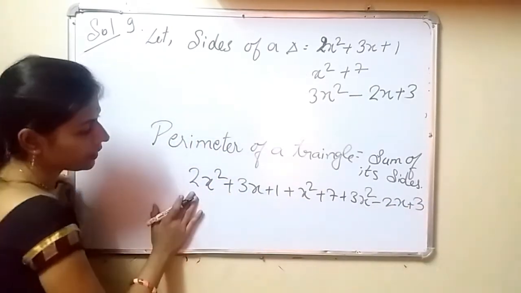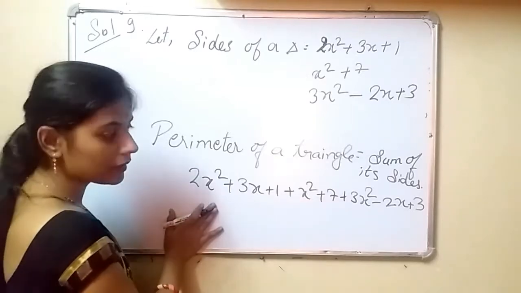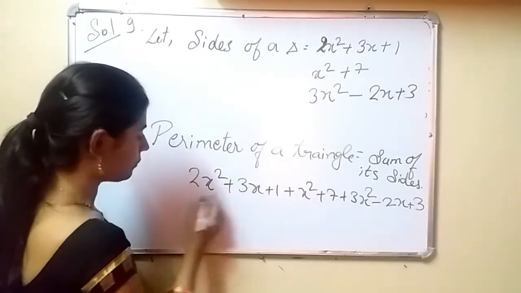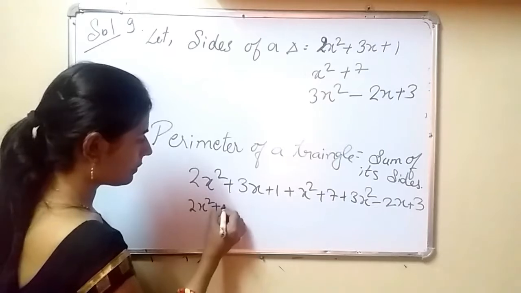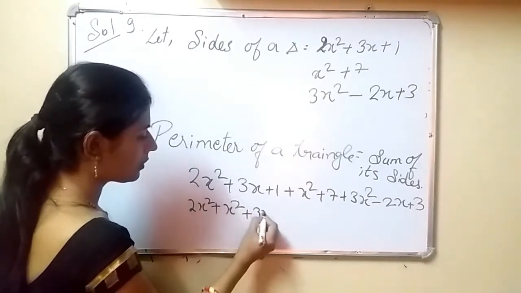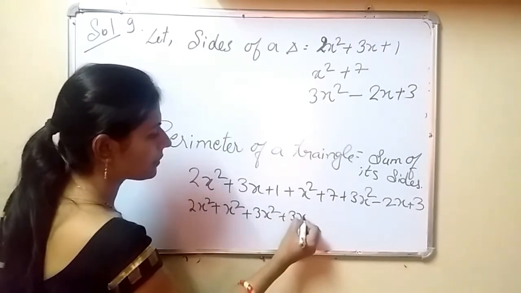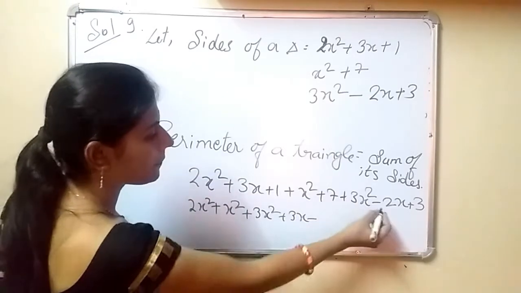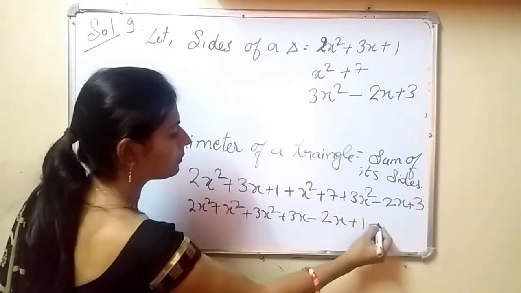Okay. Now see, 2x square plus x square plus 3x square, plus 3x minus 2x, plus 1 plus 7 plus 3.